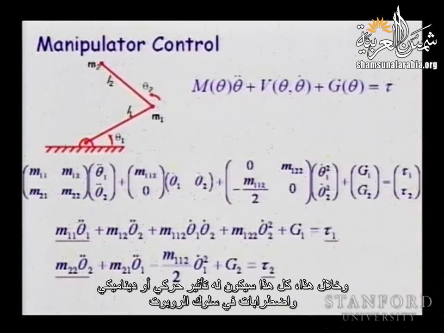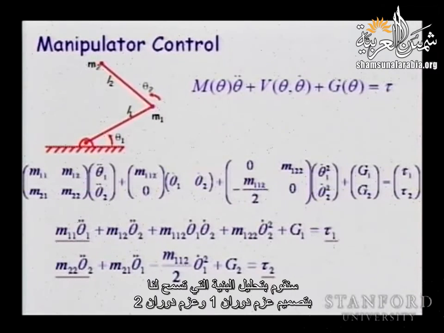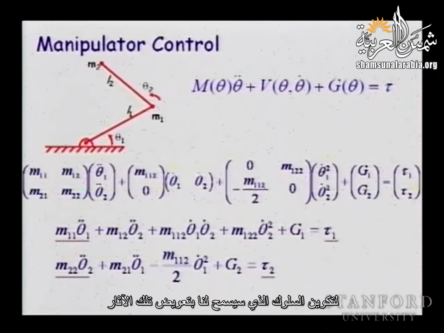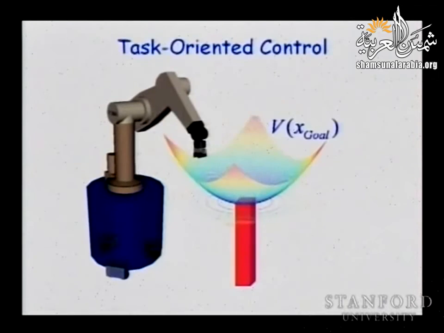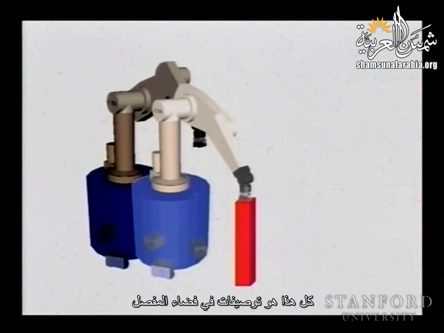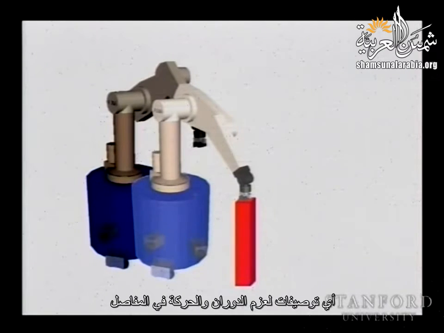And through this, all of these will have dynamic effects and disturbances on the behavior, but we will analyze a structure that would allow us to design torque 1 and torque 2, the torques applied to the motor, to create the behavior that is going to allow us to compensate for those effects. So all of these are descriptions in joint space.